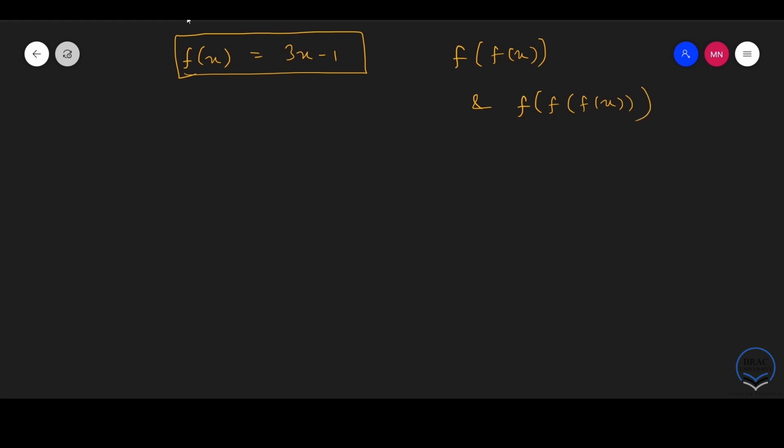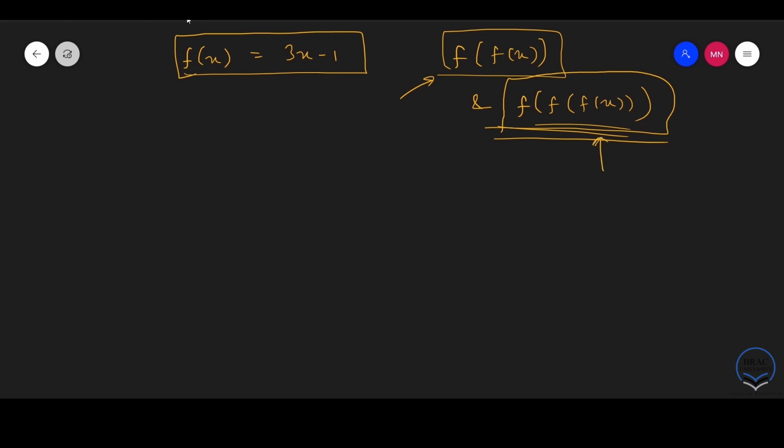Now these two things might seem a bit disgusting and very complicated, but it really isn't. It's a fairly simple process, right? We're just feeding the output of a function into the function itself in this case, and we're doing the same thing for the other case, but two more times.